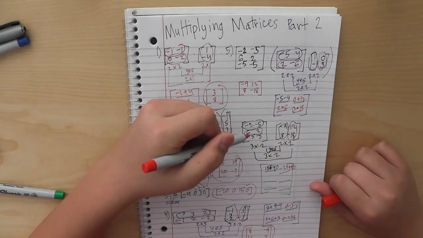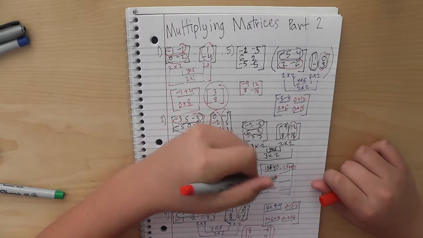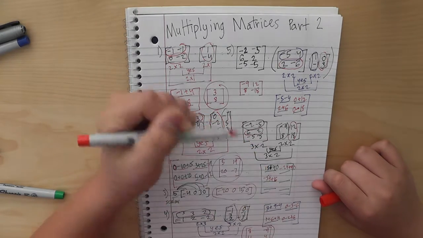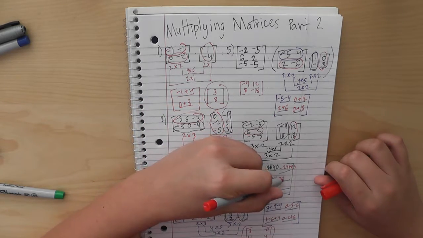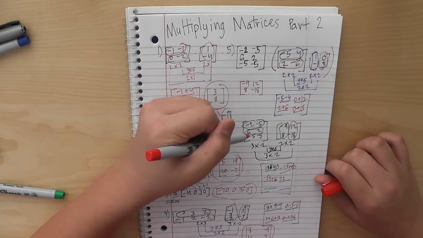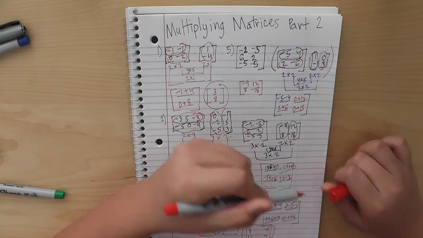Second row by first column, 6 times -5 is -54, then 2 times 8, which is 16. 6 times 12, which is 72, plus 2 times -18, which is -36.